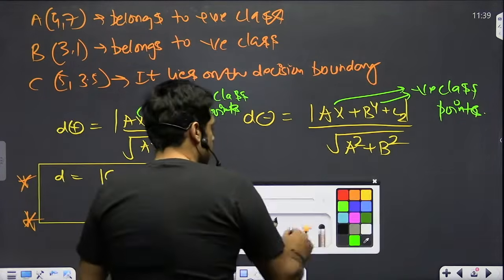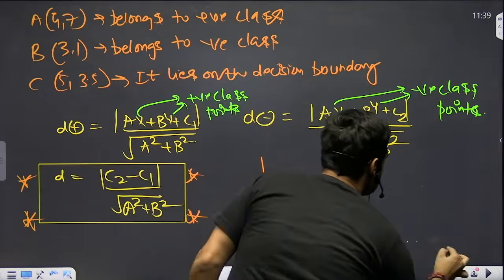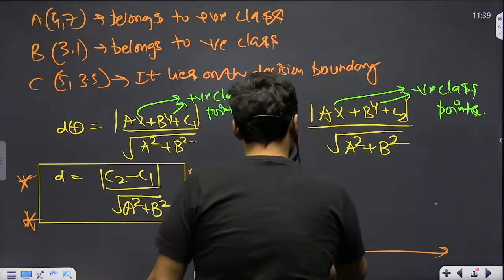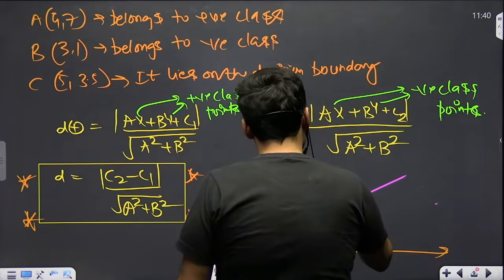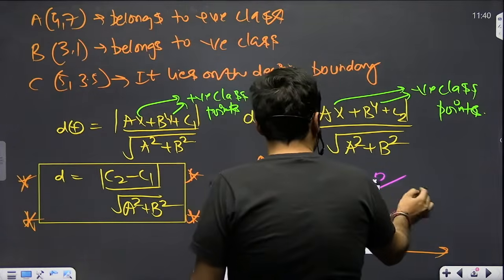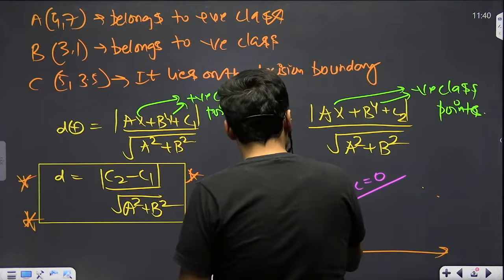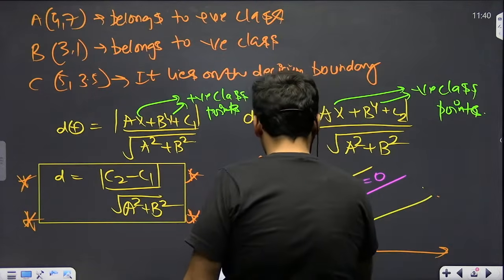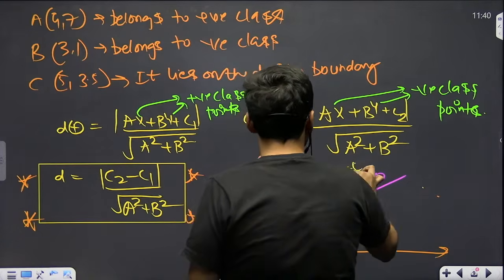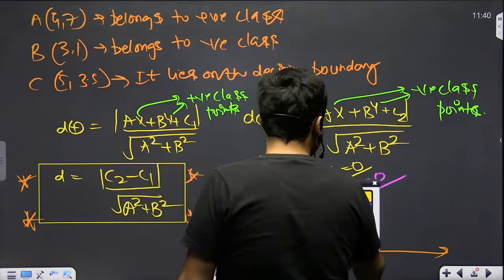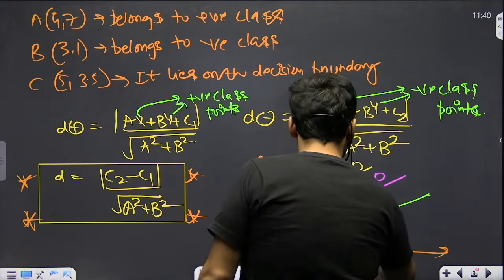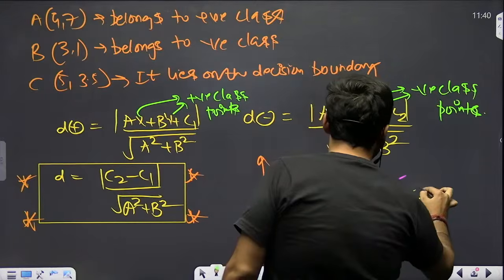I'll just draw the diagram also. So this is the main hyperplane, ax plus by plus c equals 0. Then the parallel hyperplanes: this is ax plus by plus c1 equals 0, the positive support vector plane, and this is the negative support vector plane, ax plus by plus c2 equals 0.